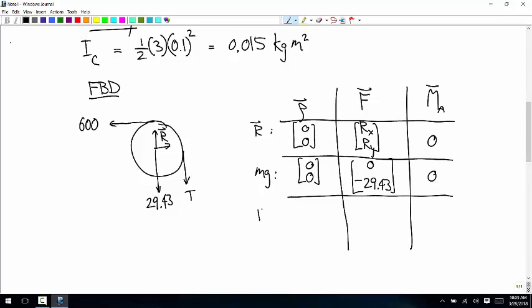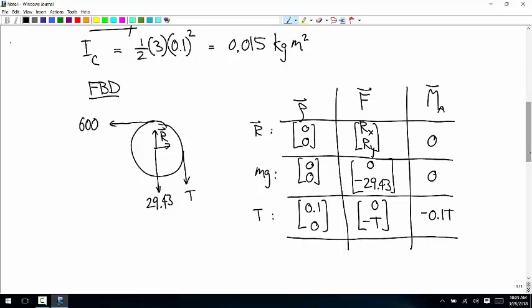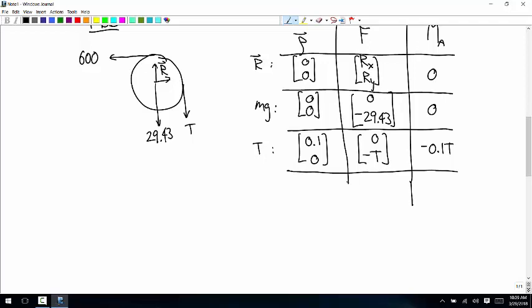The force T, the rho vector is positive 0.10. The force is 0, negative T. Cross product is negative 0.1 T. And then the 600 Newton force, rho vector, the way we have it drawn there, is 0.1.